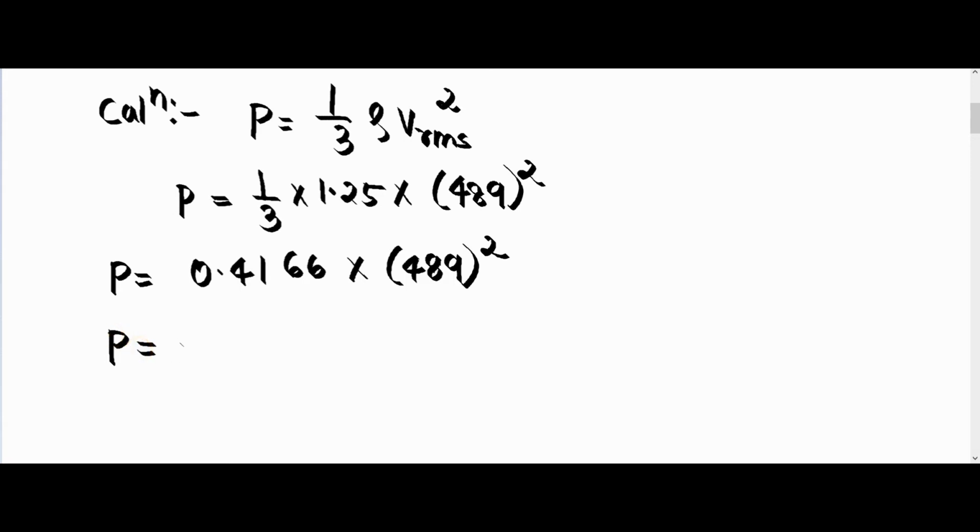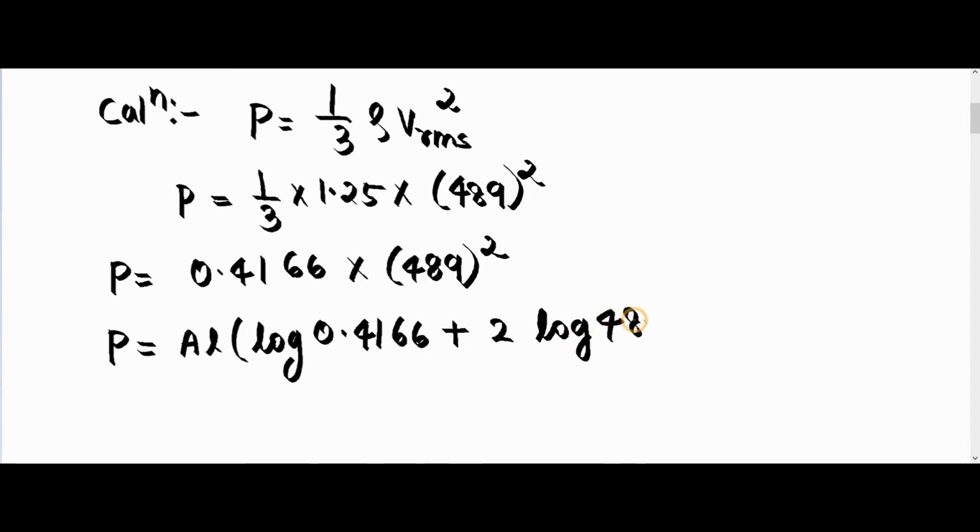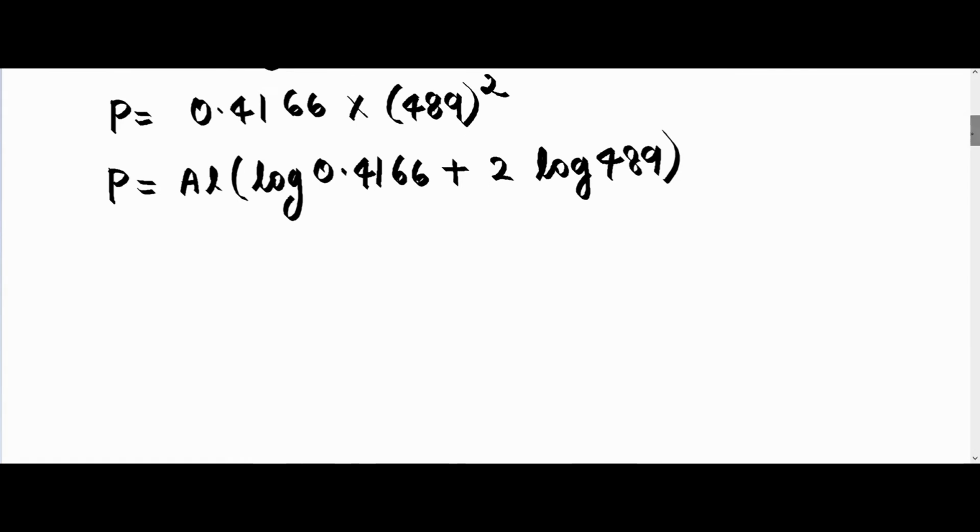P is equal to, now taking logs on both sides, so anti-log of 0.4166 plus, since it is multiplication it will become plus 2 log of 489. P is equal to anti-log of, the number is less than 1, so 0.4166 characteristics will become bar 1.